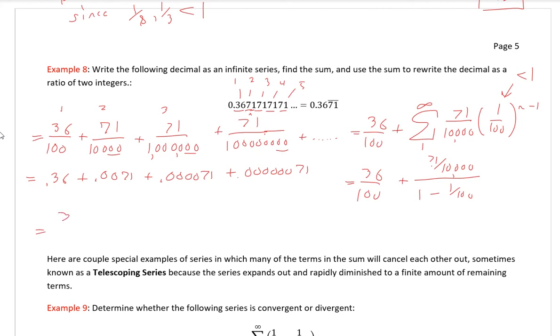We could do some algebra with that. I'll have 71 over 10,000 over 99 over 100. Some of those hundreds will cancel out with two of those zeros here, so we get 36 over 100 plus 71 over 100 times 99 is 9,900.